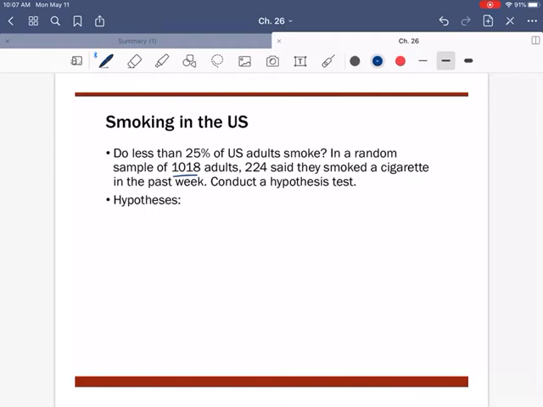Okay, this last example: do less than 25% of U.S. adults smoke? In a random sample of 1,018 adults, 224 said they smoked a cigarette in the last week. So let's figure out that percent real quick.